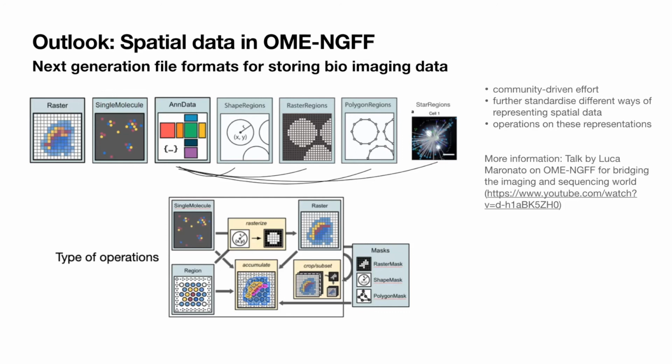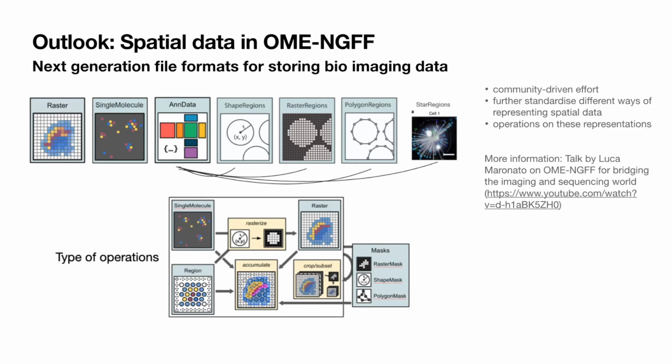And there are also ways you could transform your data. So you could go from a single molecule image, where you essentially just need to store the X and Y coordinates of each molecule, so it's a very sparse representation, to a raster image, because some of the cell segmentation methods might only work on raster images.